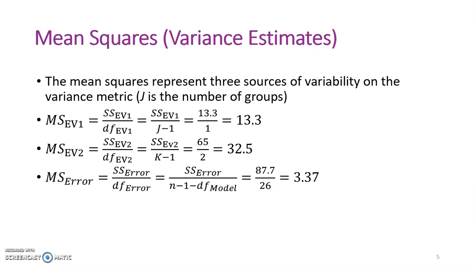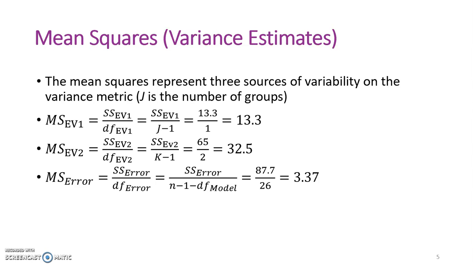Okay, and then we've talked about the mean squares, which we know are a simple extension of the sums of squares. We are just dividing the sums of squares by their degrees of freedom. The degrees of freedom are calculated in much the same way as in the one-way ANOVA, where each mean square is equal to the sum of squares divided by its degrees of freedom.